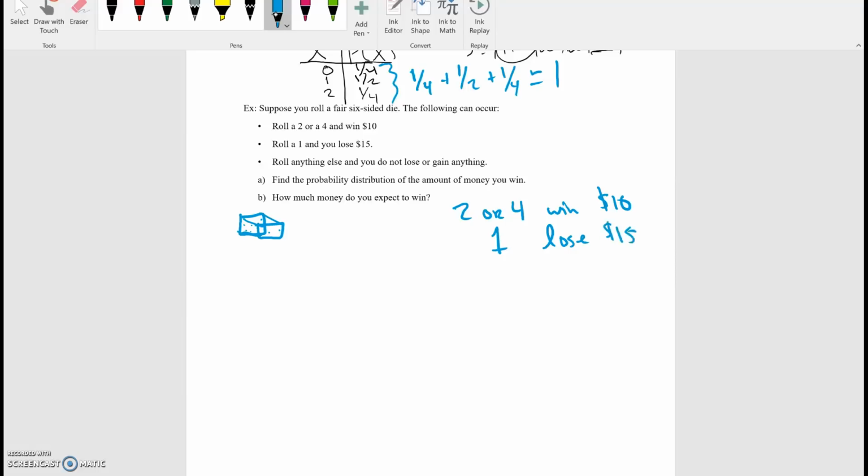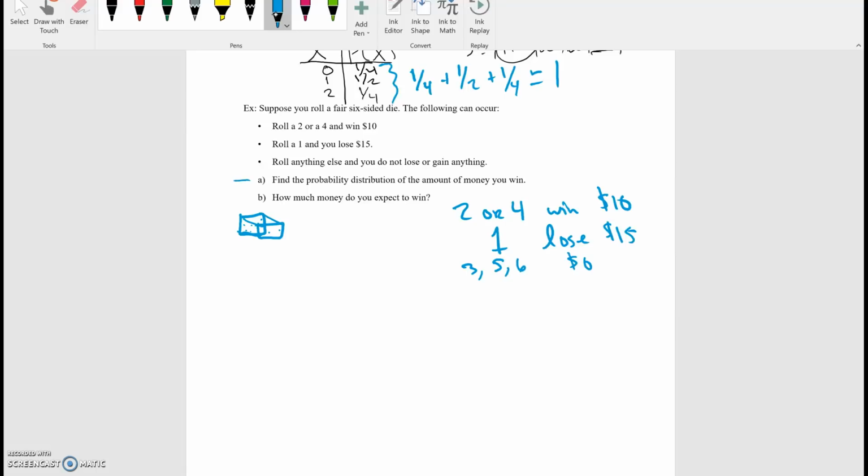If I roll anything else, what are the possibilities? I can get a 3, a 5, and a 6. If I get any of these, I get nothing. I don't win anything and I don't lose anything. So what do we want to find? We want to find the probability distribution of the amount of money you win.